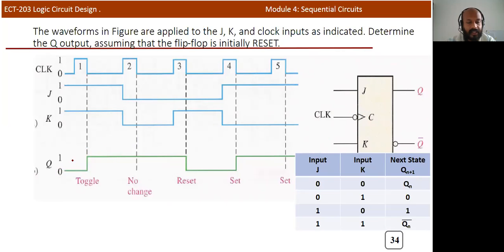Here Qn is equal to 0 when the inputs are 1 1, Qn+1 is equal to Qn bar, so it is 1. Now at this particular instant you can see that the inputs are 0 0. If it is 0 0, it will continue the previous state. So Qn is equal to 1, and after applying the clock pulse, Qn+1 is exactly Qn, so you will get 1 again. So it will continue like this.